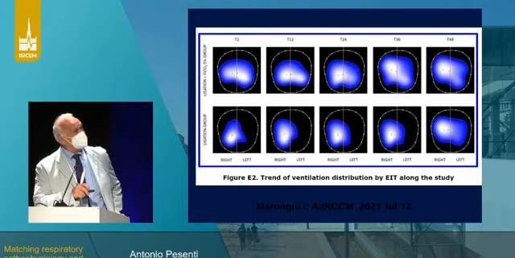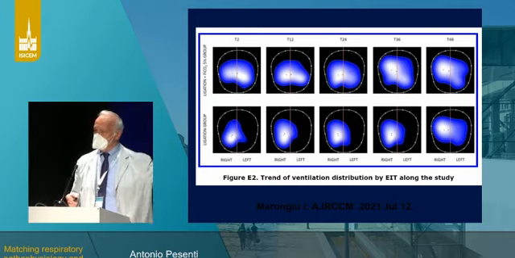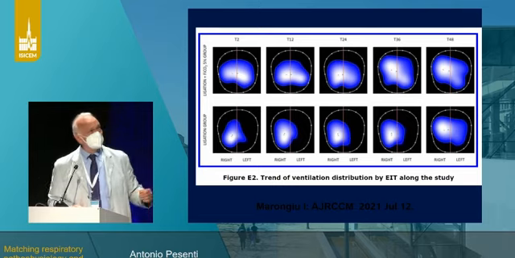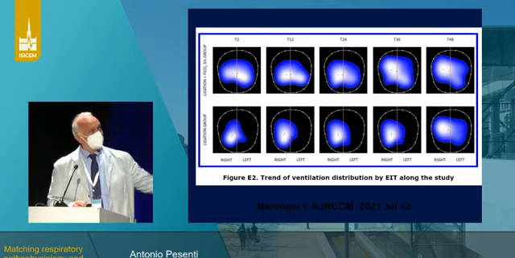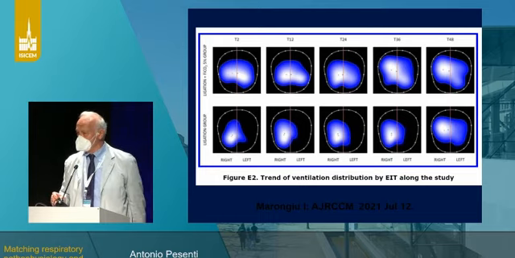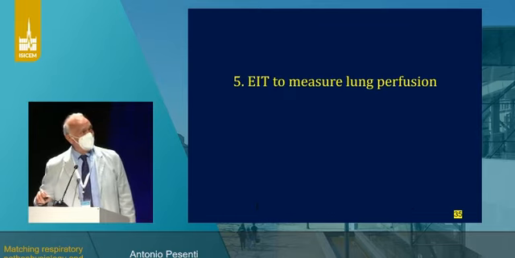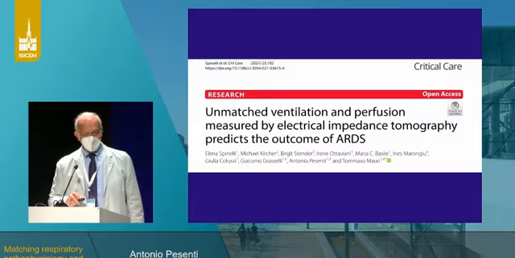Important to notice that if we make the animal breathe 5% CO2, then the damage is prevented. And it's prevented probably because the constriction of the airways is prevented and the ventilation is maintained.